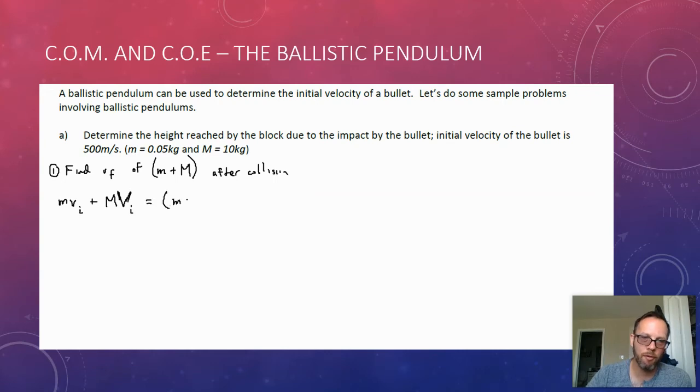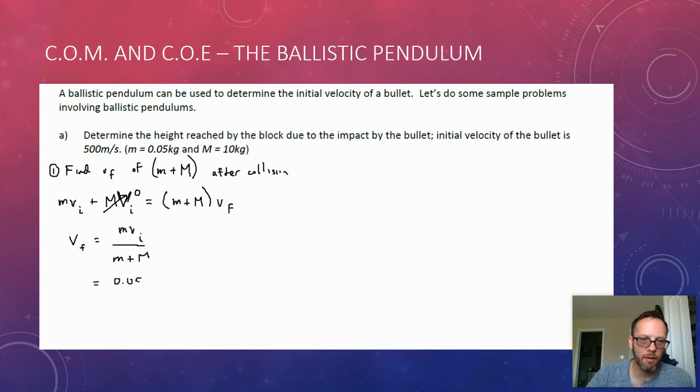Then afterwards, they combine and have some final speed that we're going to find. Now, whatever you want to use for the speed of the block initially is irrelevant because it's equal to 0, so it just divides out anyway. And we've done quite a lot of these questions. So the final speed combined in this inelastic collision is the mass times the initial speed of the bullet divided by their combined masses. So let's calculate that.